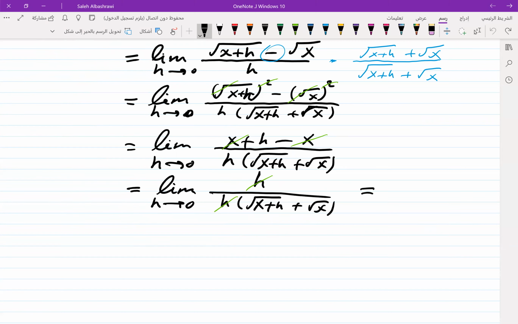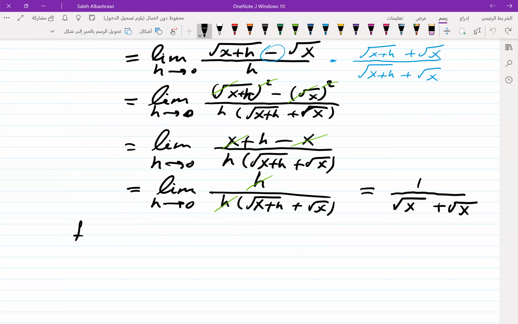I will have 1 in the numerator divided by, now if h is equal to 0, the first term will be only square root of x plus the second one, square root of x.